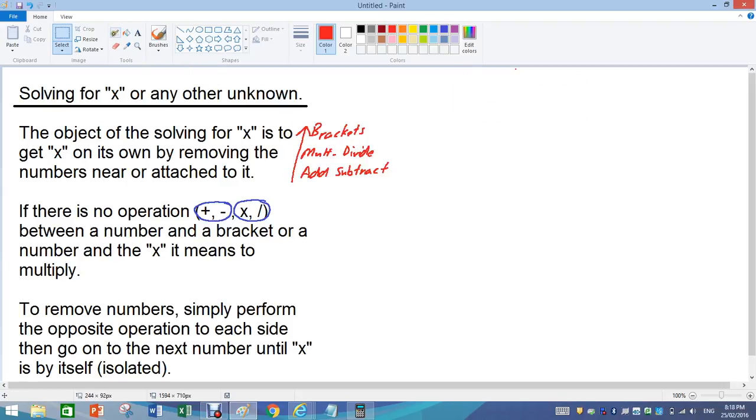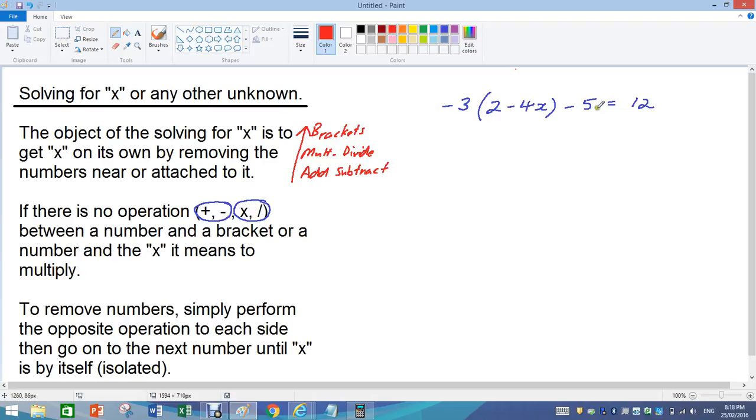Okay, let's do one more. This one looks a little bit harder, but it's the same steps.